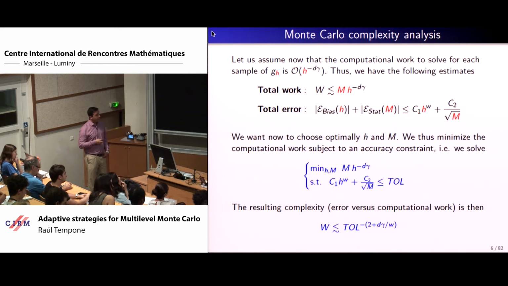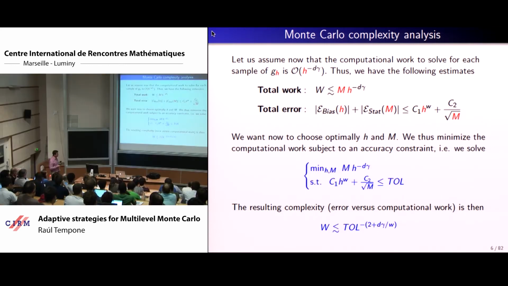But again, everything now depends on the accuracy you want to achieve, and can be split into two contributions. One that is tau to the -2, and the other is tau to the minus d gamma divided by w. Now, the first part, tau to the -2, is the classical cost in terms of number of samples of a Monte Carlo method, right? This is essentially what is needed to make this less than tau, right?